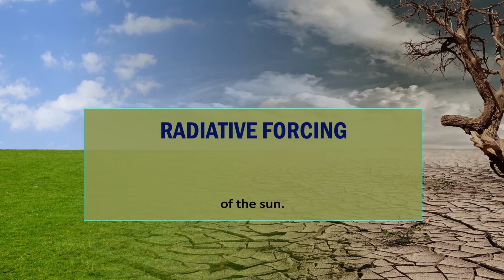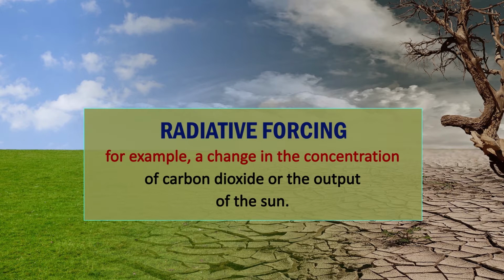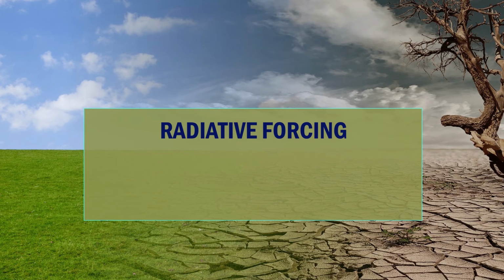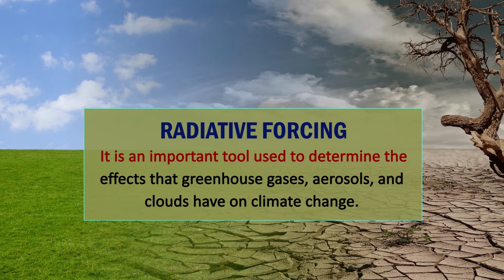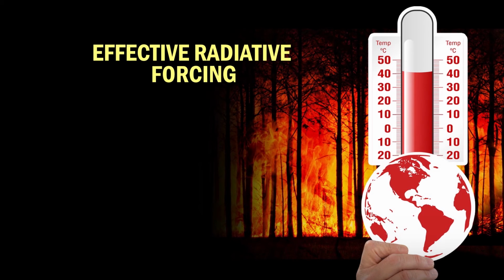For example, for a change in the concentration of carbon dioxide or the output of the sun, for each and every driver we can have radiative forcing values. It is a very important tool indeed, used to determine the effects that greenhouse gases or aerosols or clouds have on climate change. Another related concept is called effective radiative forcing.